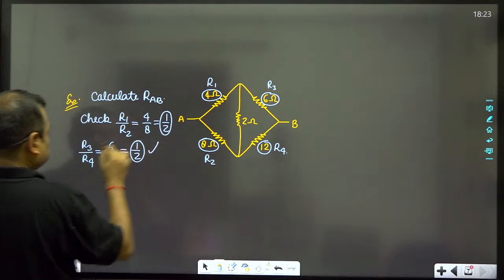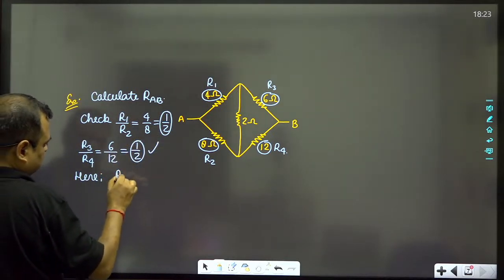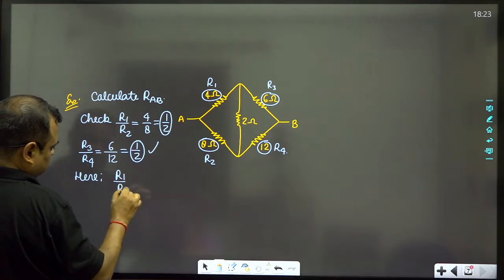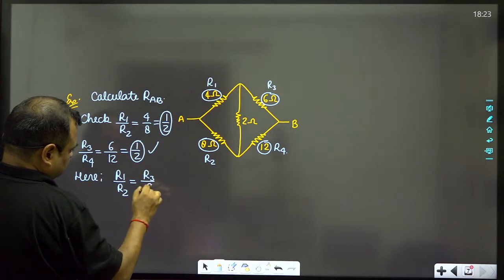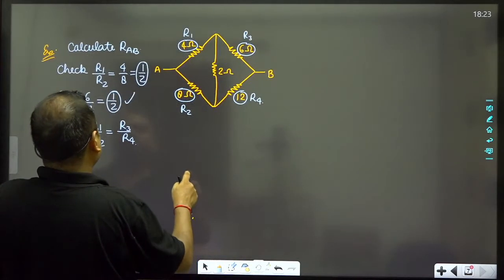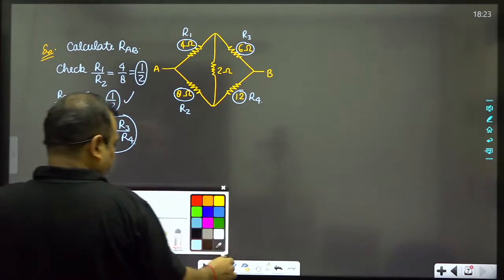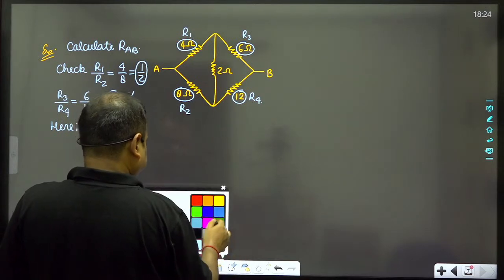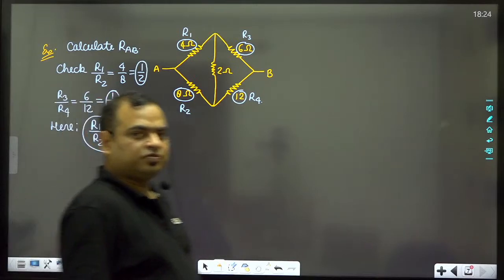Okay, so hence here we can say that R1 by R2 is equal to R3 upon R4.